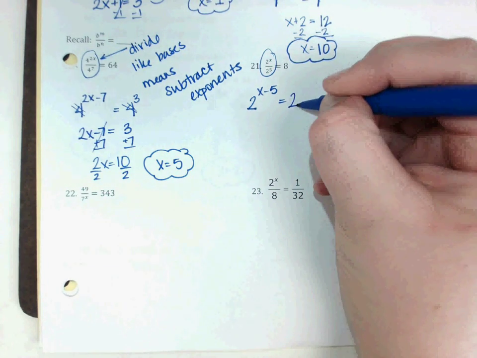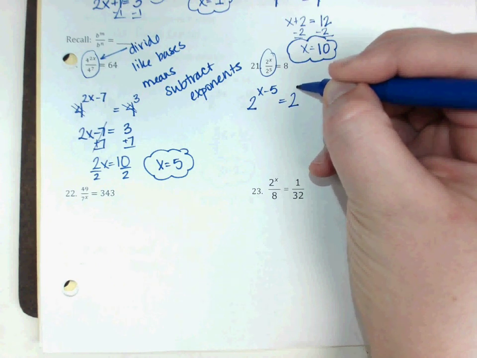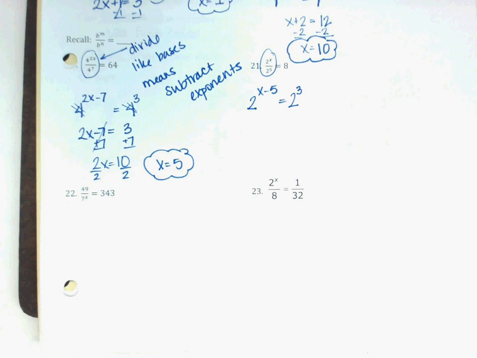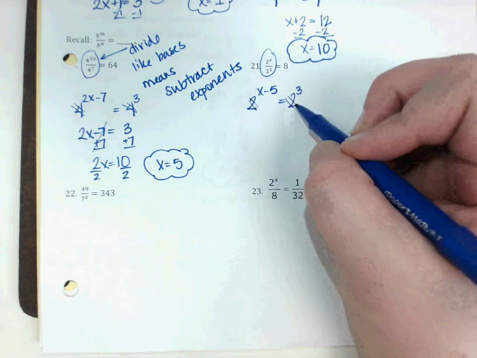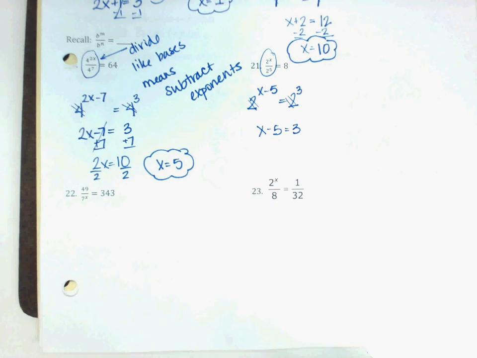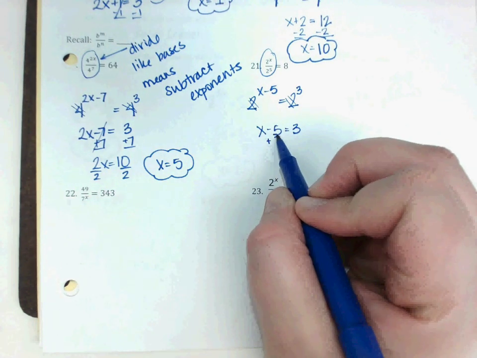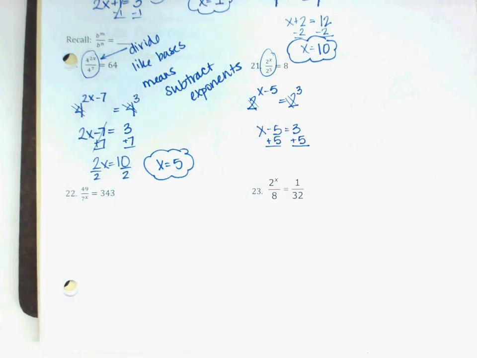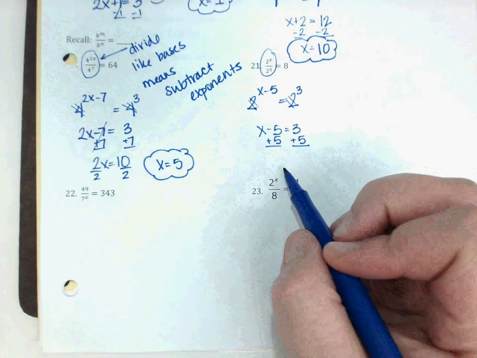That's 2 to the what? 3. And you'll just flip back to that chart, look at your base, and then change it. Okay? So then from there, my x minus 5 equals 3 comes down. And then how do I solve with a minus 5? Plus 5 and plus 5. X is 8. You got it.